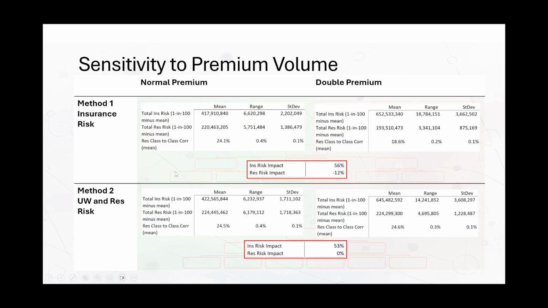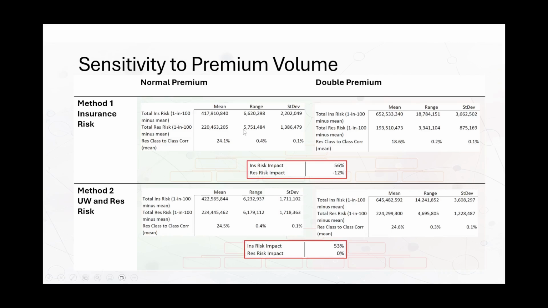And the metrics we're showing are total insurance risk stress, so that's 1 in 100 minus the mean, total reserve risk stress, and we're also showing a measure of the average class-to-class correlation for reserving, so just the reserving distribution, but measuring the class-to-class correlations and then just looking at the mean strength across classes there. So not a particularly meaningful measure, but it gives us an idea of what's going on here.